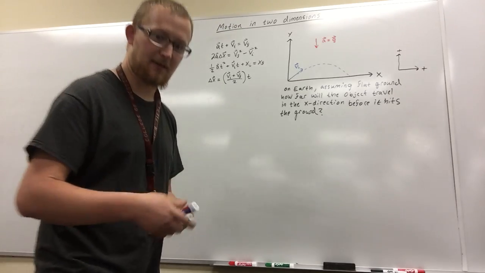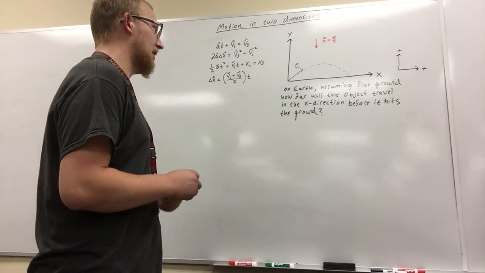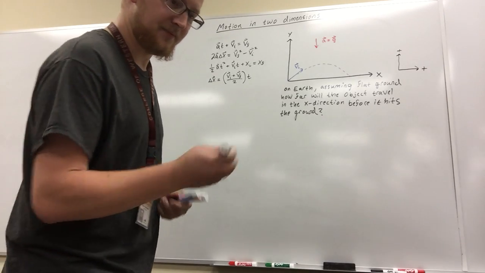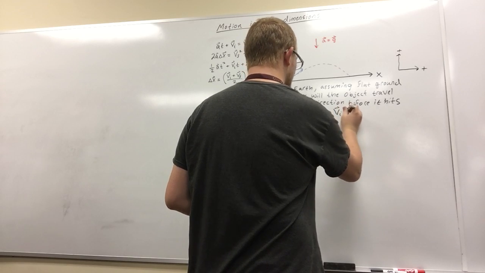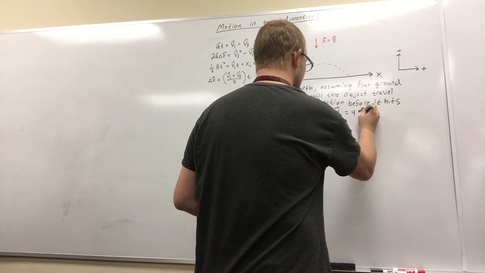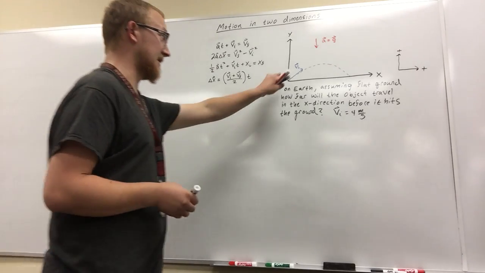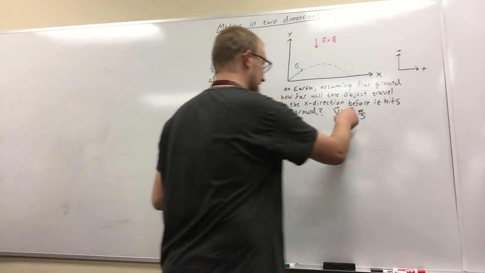So I've got this problem. It states that on Earth, assuming flat ground, how far will the object travel in the x direction before it hits the ground? One of the boundaries is that the initial velocity here, this vector that I have drawn, is equal to 5 meters per second.